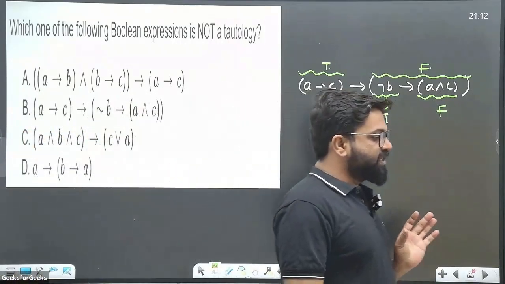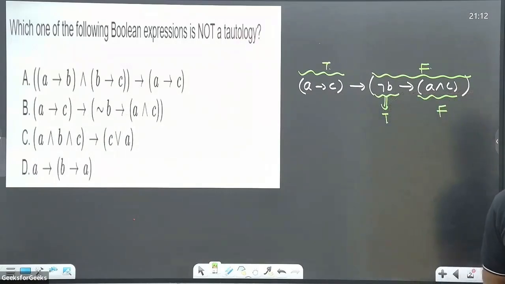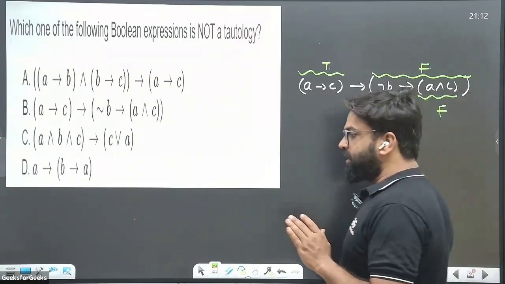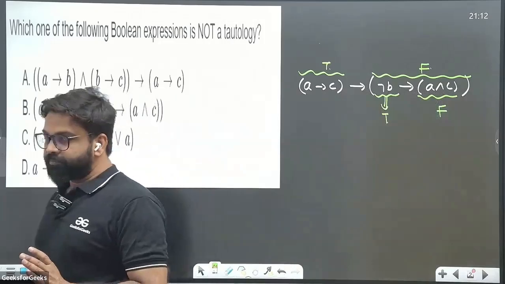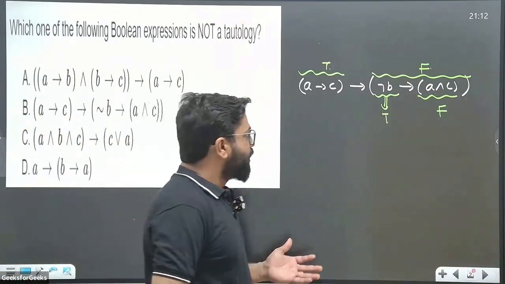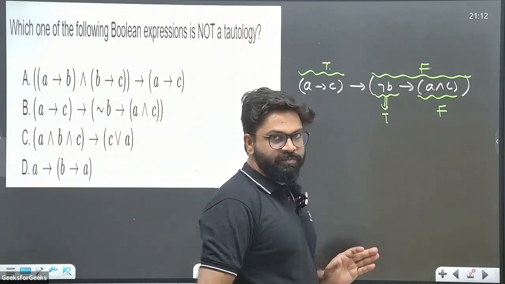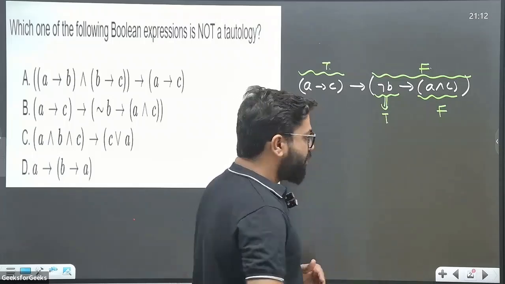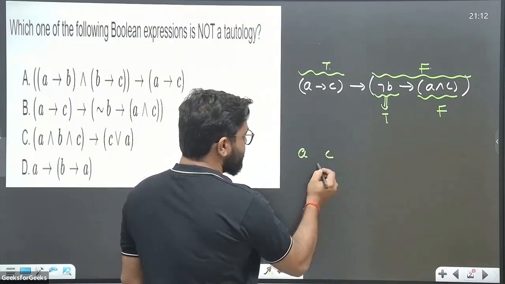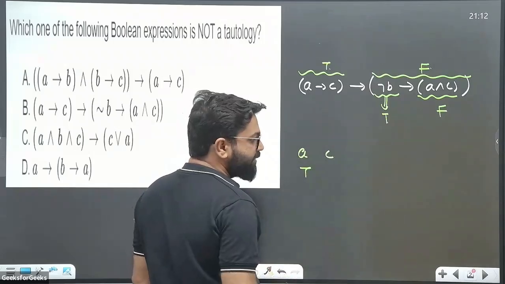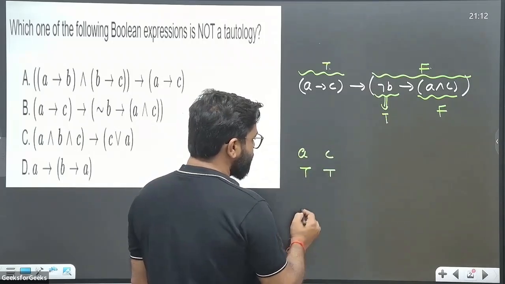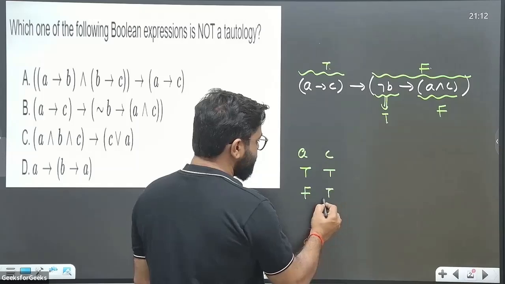This is the first thing you should understand. You should not get involved at any point where there will be three cases, because it will take a lot of time. So obviously I will not start from this, because A implies C is true. For example, this is A, this is C. The whole statement becomes true when this is true and this is true, when this is false and this is true, and when this is false and this is false.